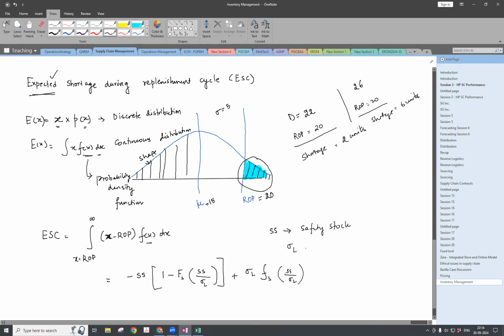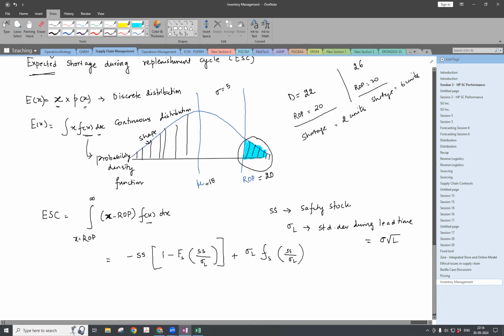Sigma L was the standard deviation during lead time, which we calculated as sigma root L, right? Which is what we had calculated.